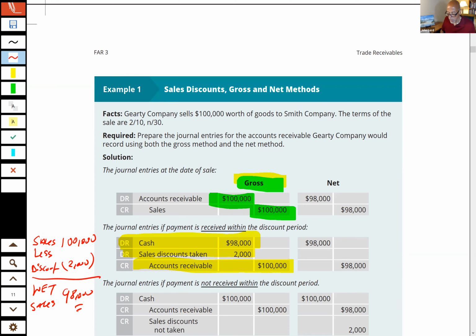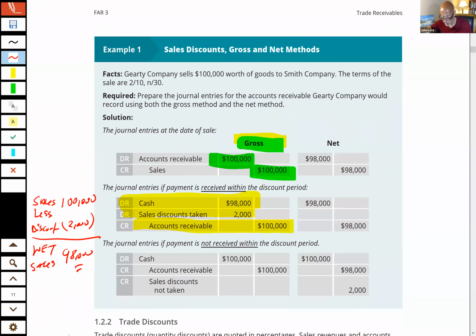Now, if I believed that my customer was not going to take the discount and they don't take it, that's very easy. I simply debit the cash and credit the account receivable.